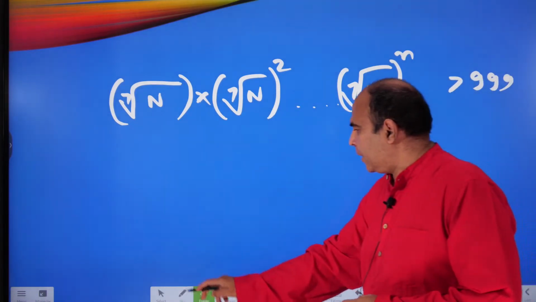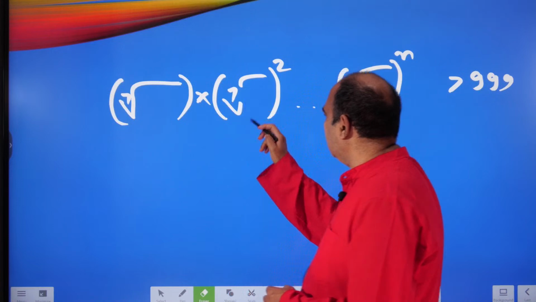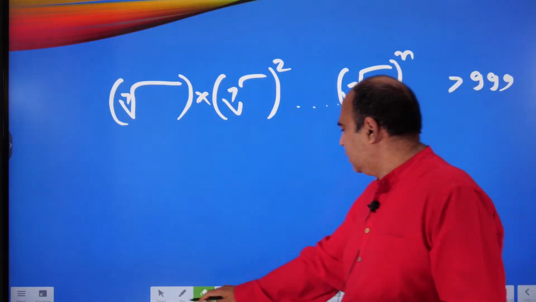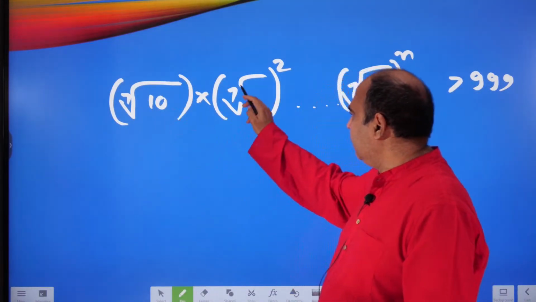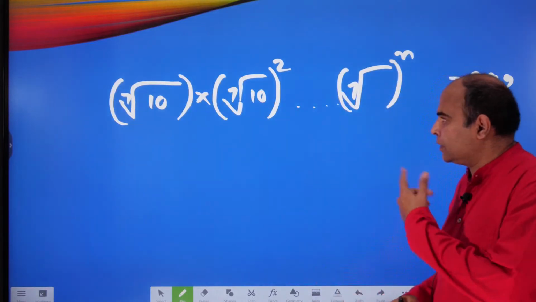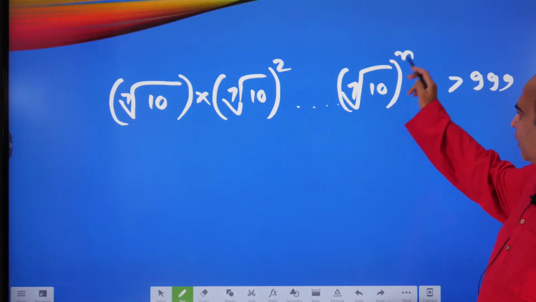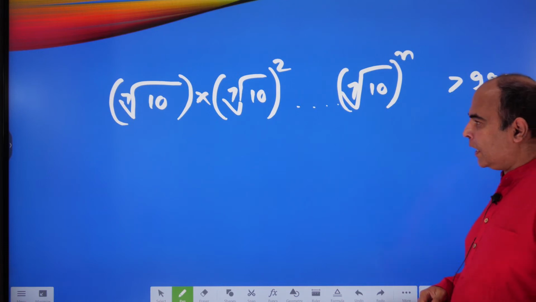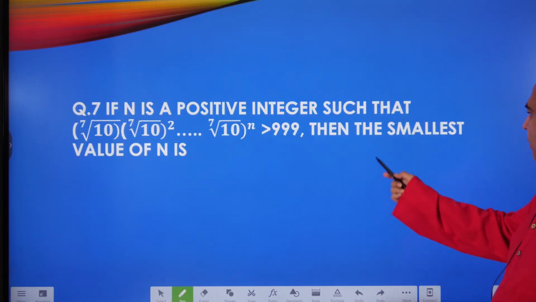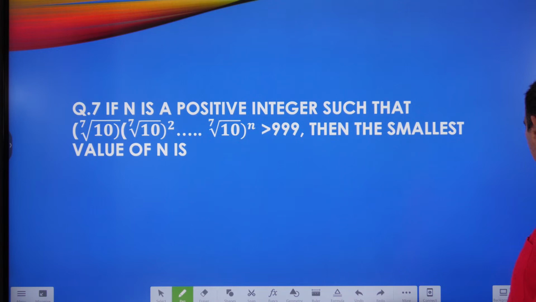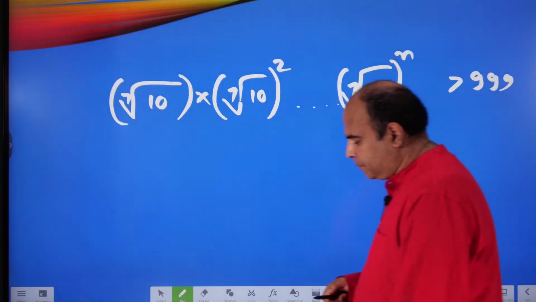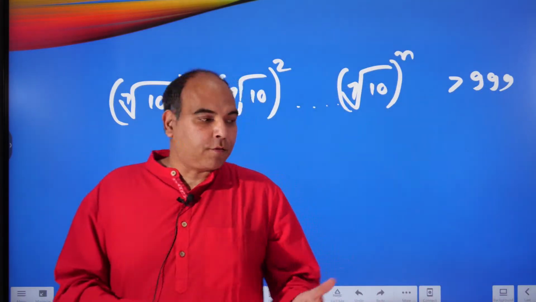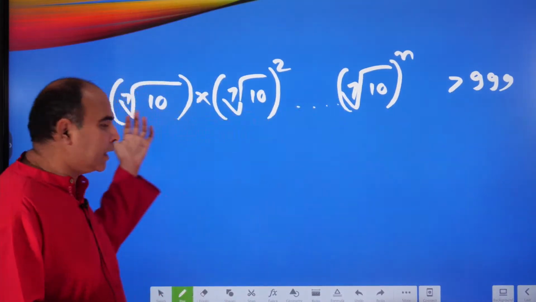Sorry, why am I writing n here? This is 10. The question is asking us the smallest value of n. So please ignore my comment about this n being different from that n. There is no n inside this thing.